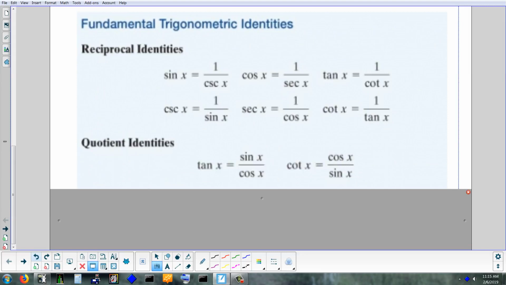There's your quotient ones. I gave you the first one a minute ago as an example. So sine divided by cosine gives you tangent. And if you flip it, cosine divided by sine, that's the cotangent.